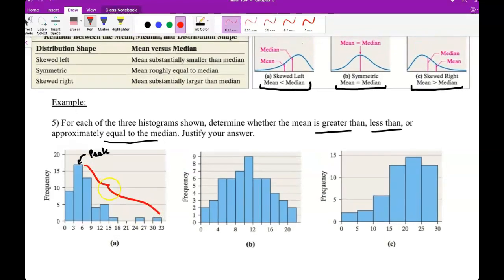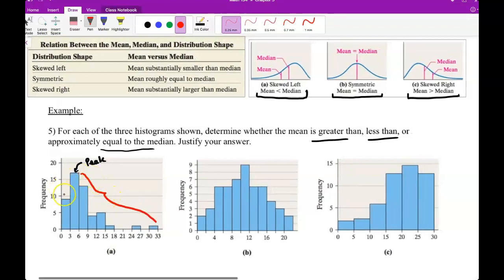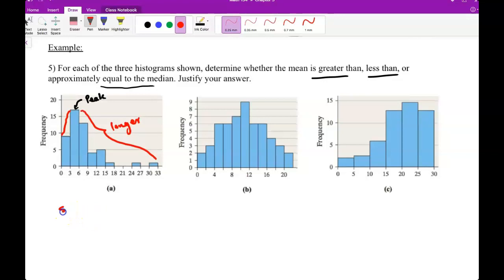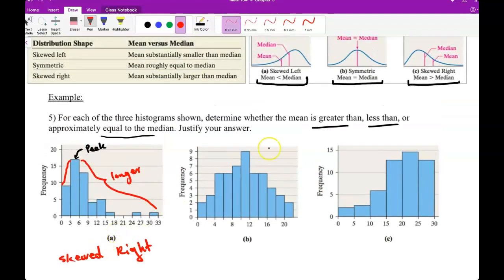Our right tail is longer than what we have on the left, so this is skewed right. Since we have skewed right, our mean is greater than the median.